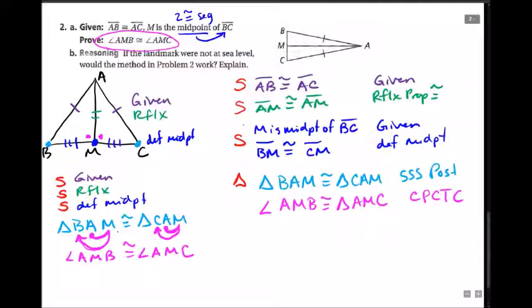And then I wrote my triangle congruence by the SSS postulate, and my two angles, that doesn't say angle, it says triangle. My two angles are congruent because they are in corresponding positions, and corresponding parts of congruent triangles are congruent. My triangles are congruent, so the corresponding parts are congruent.